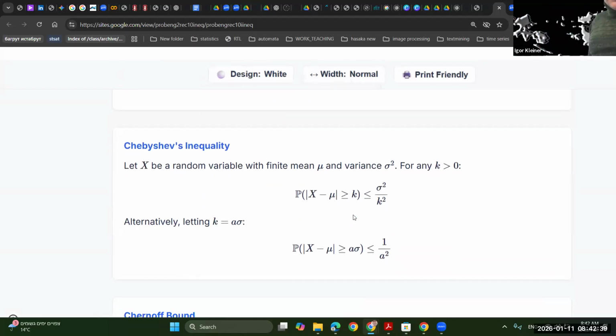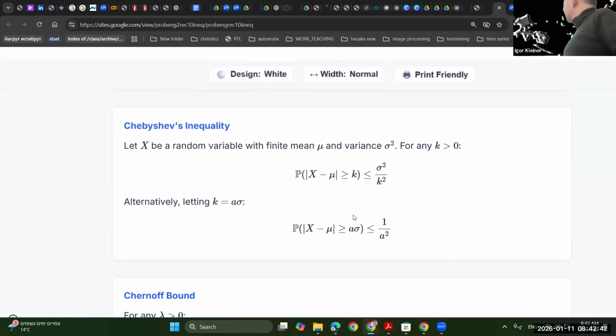Chebyshev inequality. In general, it can be stronger, but here we need to know two things: expectation and standard deviation. What does it say? It says that the probability that the absolute value of the difference between the random variable X and its expected value is greater or equal to k is less or equal to the variance of X divided by k squared.